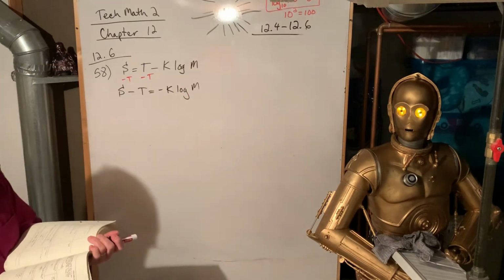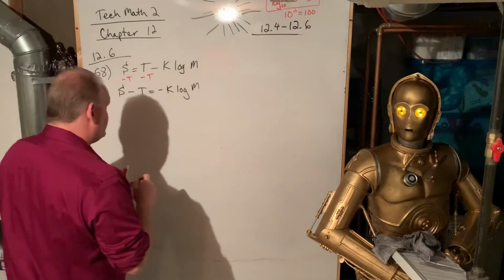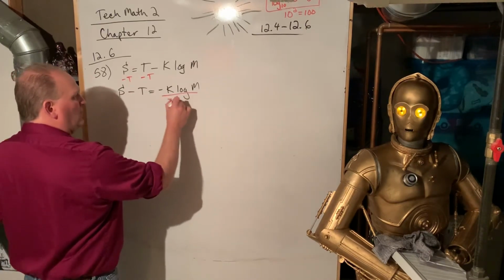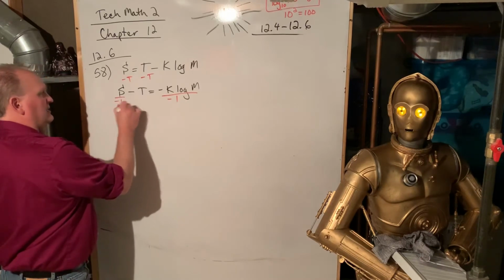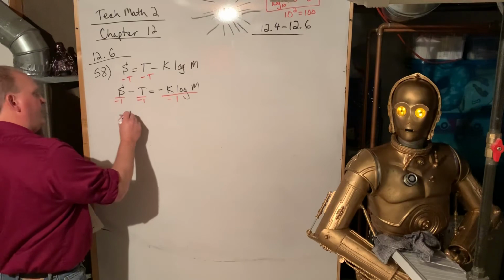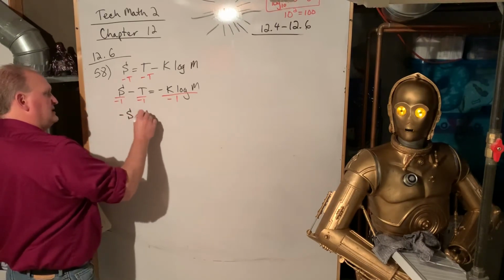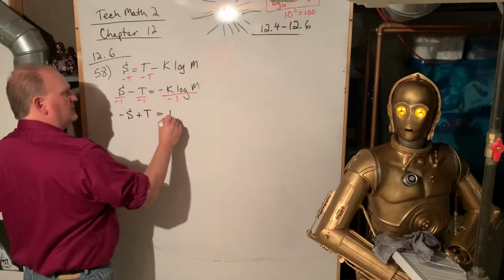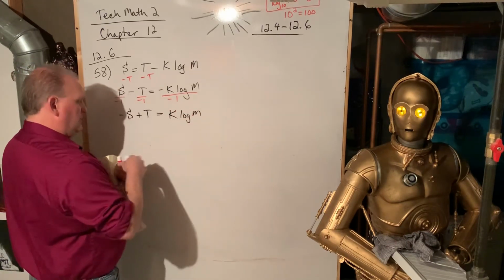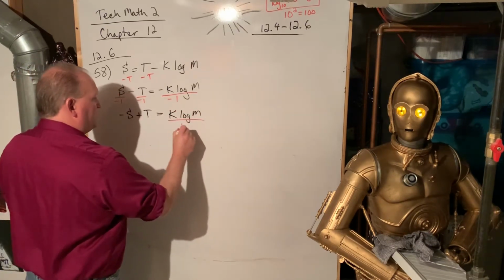And then we'll divide. Let's do this. Let's divide out the -1 first. So everything by -1. So that'll become negative S, that'll become plus T. And then we'll just have K log M. And then we'll divide by log M. So if you did that all in one step, that's fine.